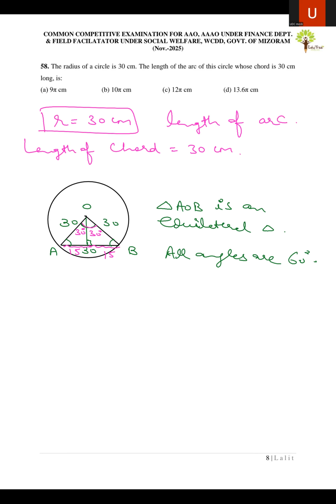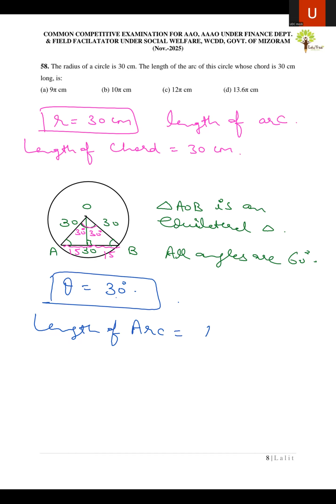Then we can simply apply the formula: length of arc is equal to r multiplied by theta. Theta is equal to 60 degree, so radius is equal to 30 and theta is equal to 60.